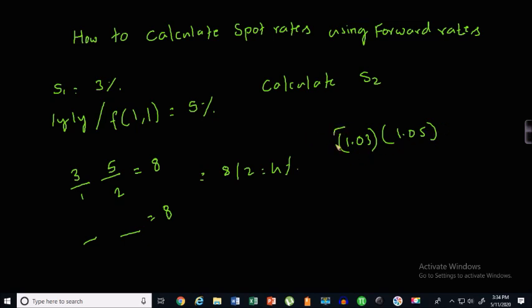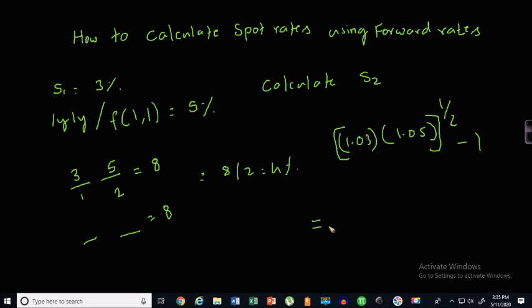This whole thing raised to 1 by 2. Why am I doing 1 by 2? Because we are annualizing it. 1.03 into 1.05 will give me the rate for 2 years, but I need it per year. That is why I'm taking it raised to half, and since I'm adding 1, I will be reducing 1.